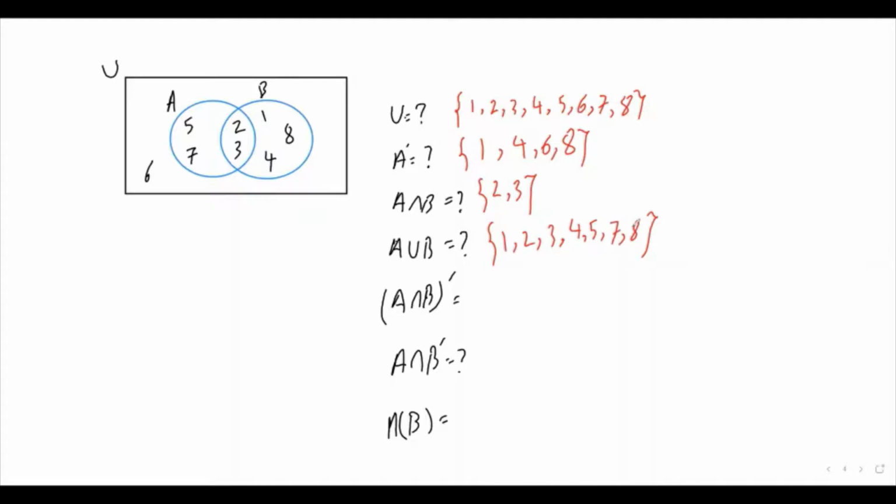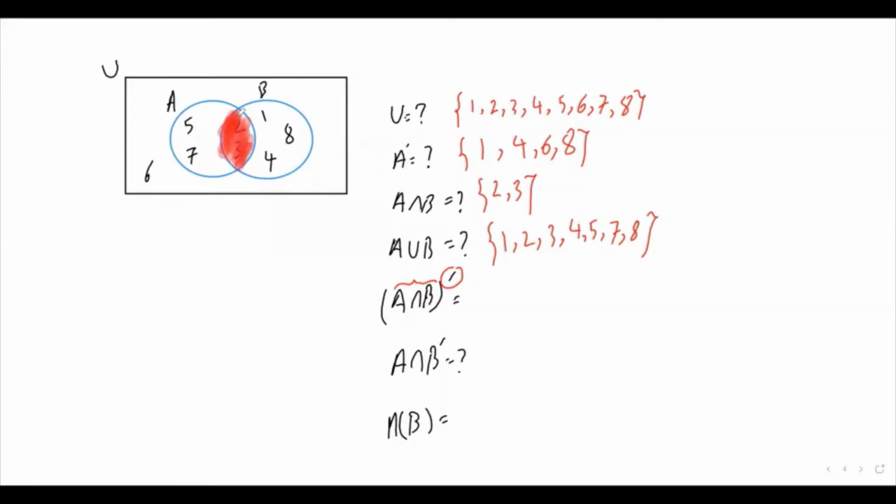Now, this is a nice question. Guys, we have the intersection of 2 sets, and then after that, you have to apply the complement. So please take care of what's inside the bracket first, and then apply the complement, meaning find the intersection of A and B first, which is 2 and 3.